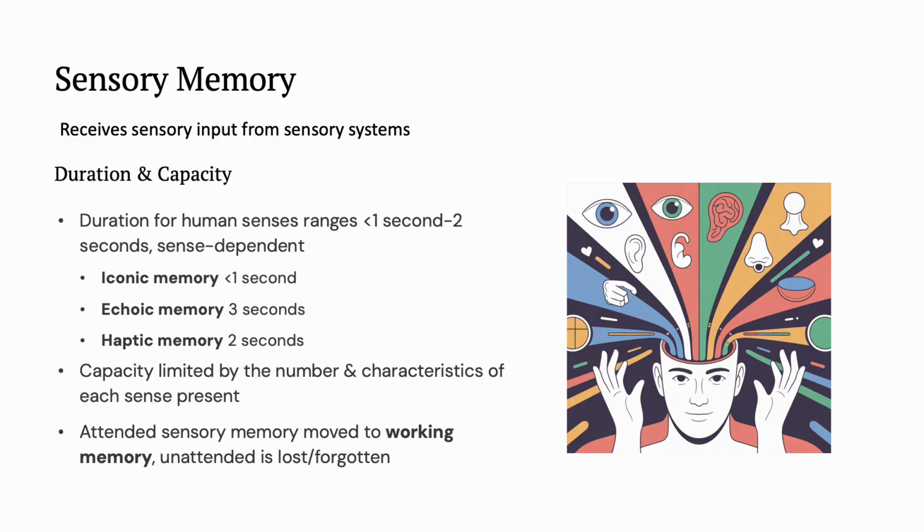But if we have visual and echoic, and haptic, and taste and touch, a multi-sensory input, we are going to be somewhat constrained in our capacity, simply because the characteristics and their endurance and how much space they take up, just like a computer, is not uniform across every piece of sensory memory.